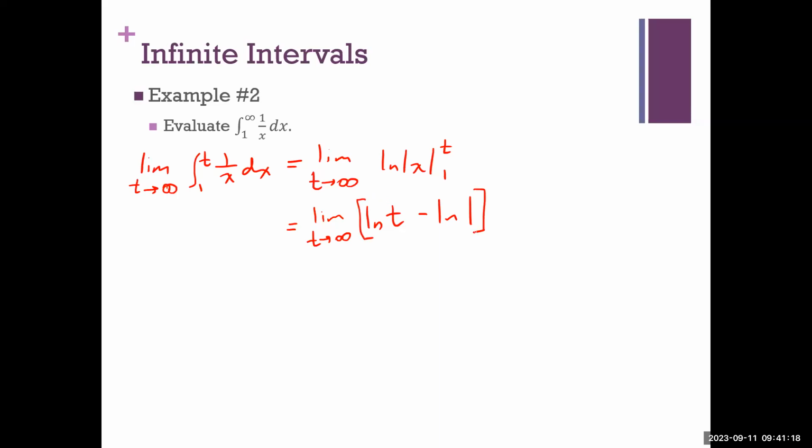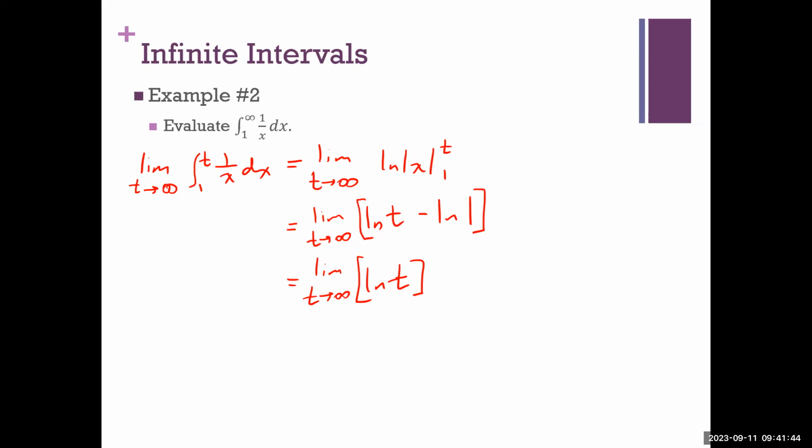All right. What's going on with this limit? Natural log of 1 is simply 0, right? So this is the limit as t approaches infinity of natural log of t. What is happening with that limit?